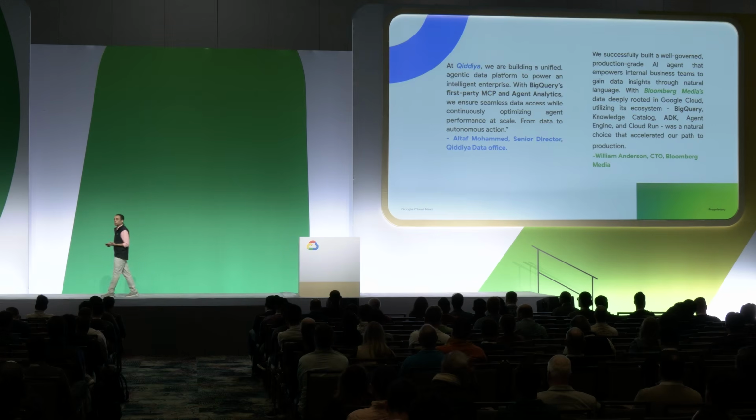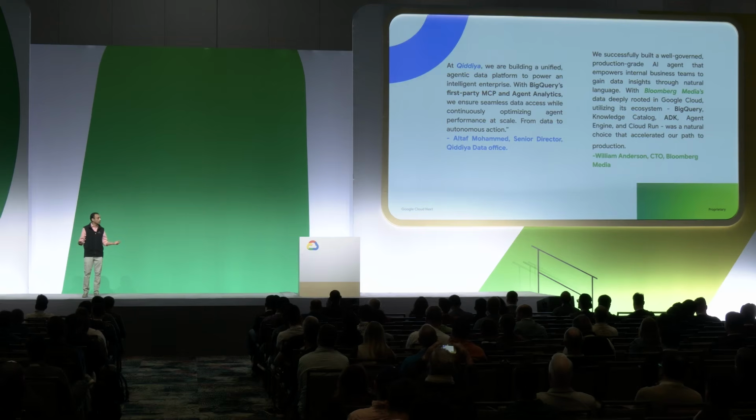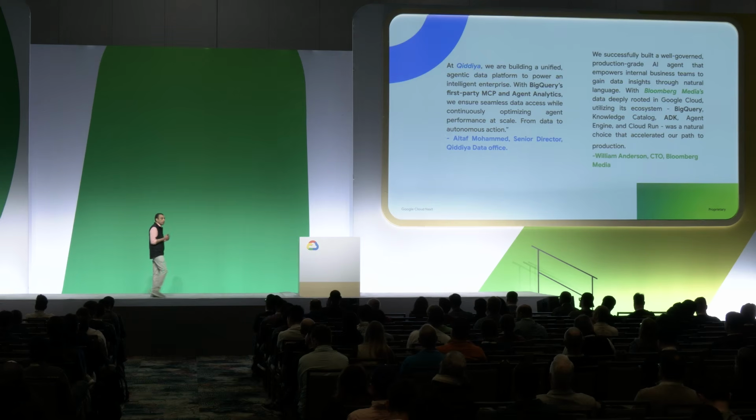We also have Bloomberg Media, who are not just utilizing BigQuery capabilities, but many other Google Cloud capabilities to build data agents and empower their internal users with natural language questions and answers.